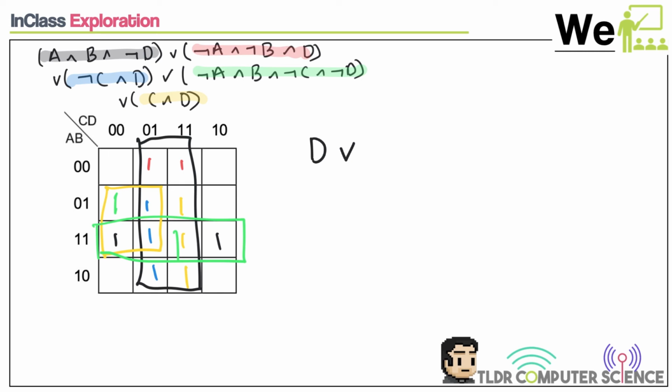So A changes, B doesn't change, so it is B, and C also stays consistent. So we're talking about B and not C. And then finally, for our last one, for our green box, yeah, A and B.